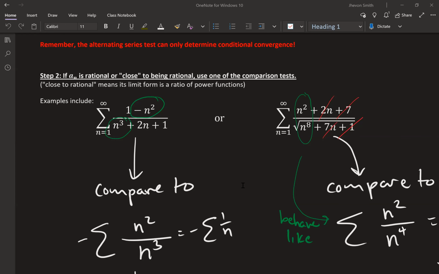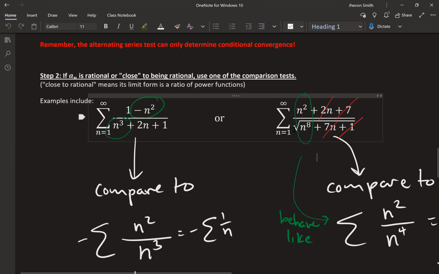Not a technical term, it's just what I use to describe a situation where, when you ignore all the terms that you're allowed to ignore when going off to infinity, if the result looks almost like some sort of rational function, or it looks like some power function 1 over n to some number, then you can apply the comparison theorem with that as well.